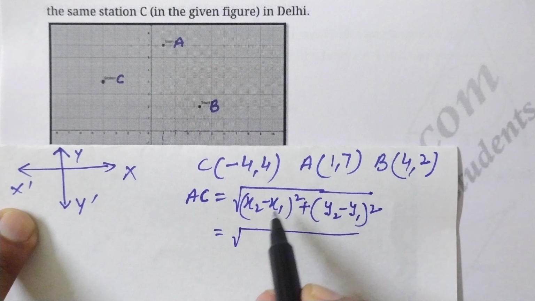So let's fill the values. 1 by 2 into x1 is 1 into y2 minus y3. This is y2 minus y3, 2 minus 4, that is minus 2, plus x2. x2 is 4. y3 minus y1. This is y3 minus y1. 4 minus 7, that is minus 3, plus x3 is here minus 4. So plus minus is minus only. So y1 minus y2, 7 minus 2, that is 5.